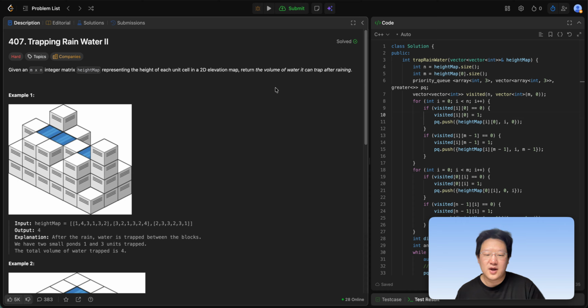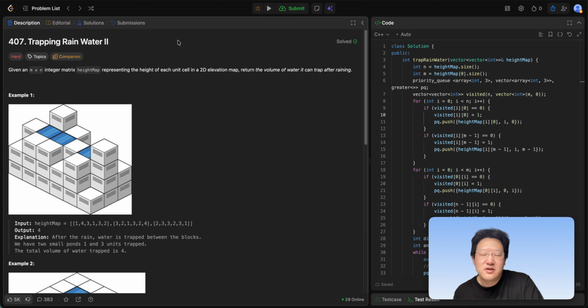Today I want to talk about LeetCode problem 407, Trapping Rain Water 2. It's a hard problem and honestly the most fun one I worked on for this portfolio. So why this one? I'm sure most of you know Trapping Rain Water, the 1D version, is one of the most popular interview questions. Everyone knows how to solve it with a monotonic stack or two pointers.